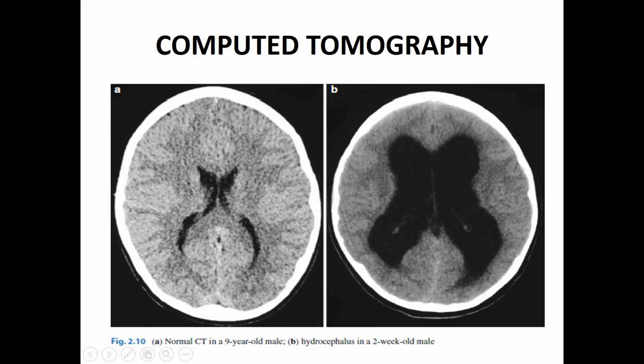In this picture, you can see the dilated frontal horns and occipital horns of the lateral ventricles. In the normal picture you can appreciate the sulci and gyri, but in the hydrocephalus picture, because of the pressure of the CSF on the brain parenchyma, you cannot appreciate sulci and gyri.